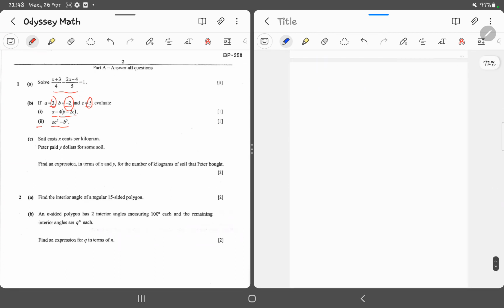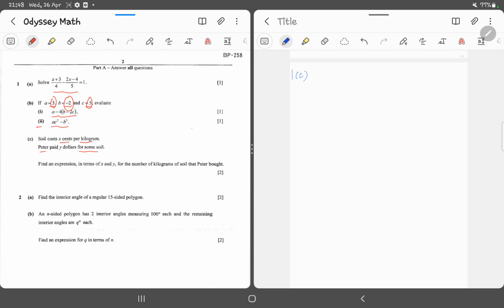Now 1C is a question involving algebra, but you have to formulate it yourself based on the context of the question. Soy costs x cents per kilogram and Peter paid y dollars for some soy.